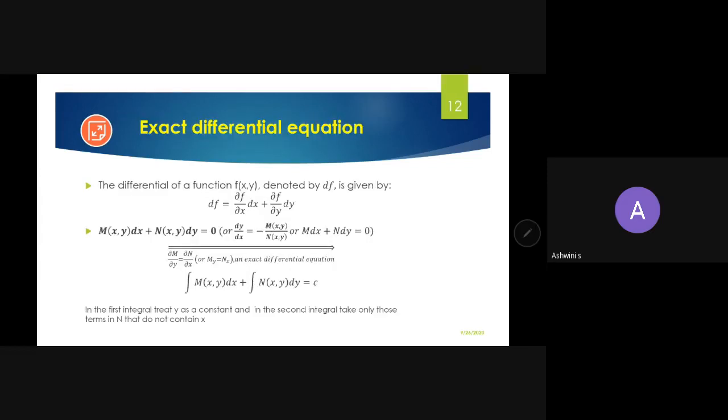Now exact differential equations. When it comes to exact differential equations, first we give the idea of what an exact differential is.